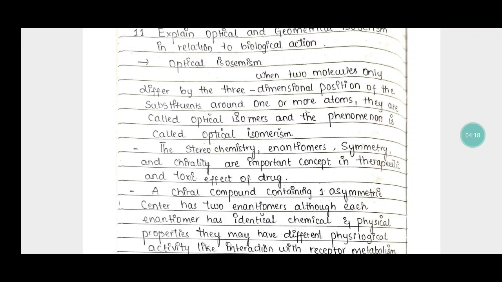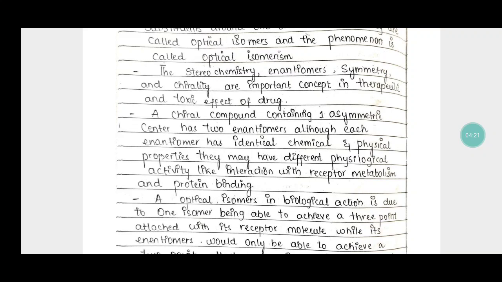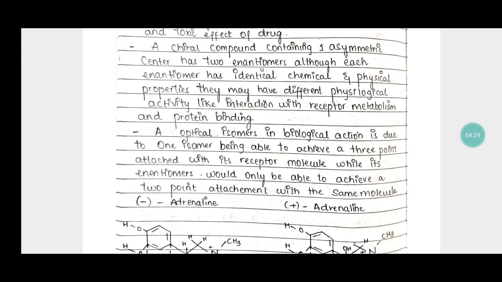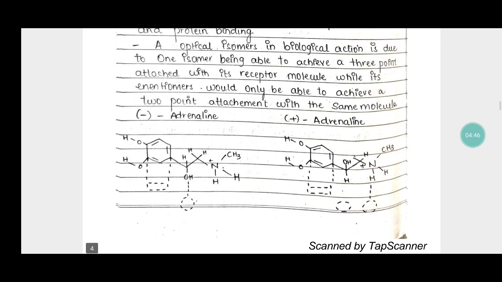They may have different biological activity, like interaction with receptors, metabolism and protein binding. And optical isomers' biological action is due to one isomer being able to achieve 3-point attachment with the receptor molecule, while the other enantiomer would only achieve 2-point attachment with the same molecule.